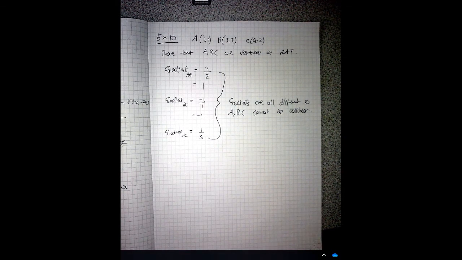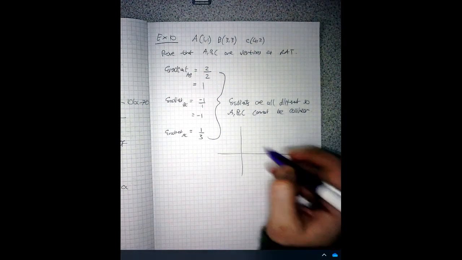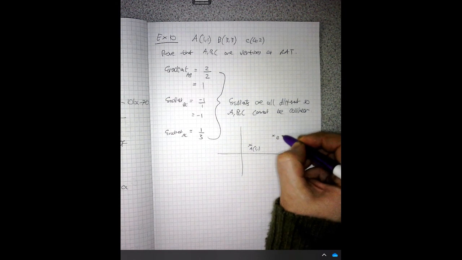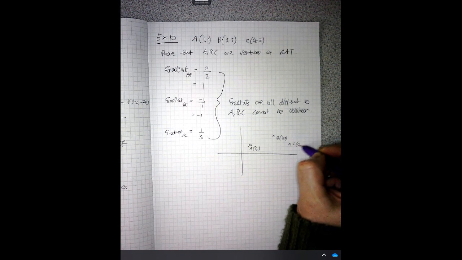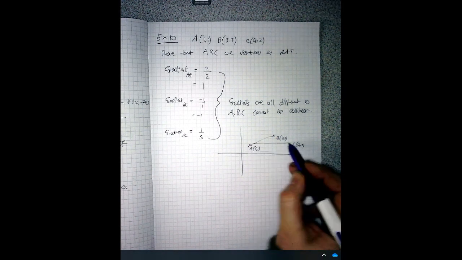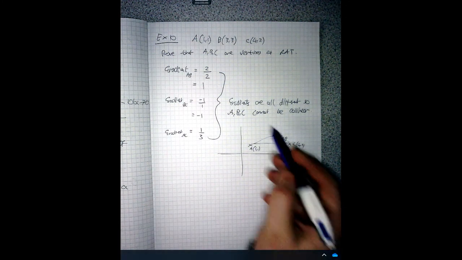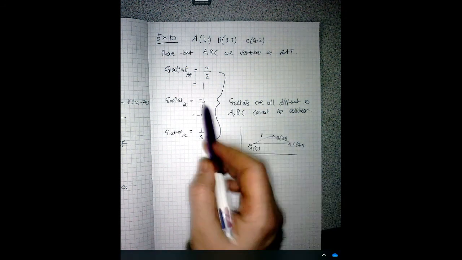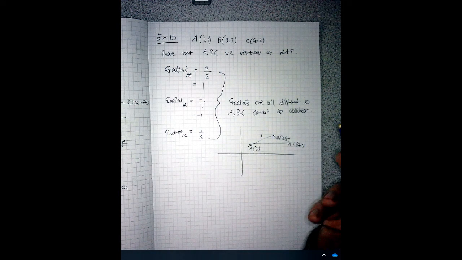Now, a quick sketch: A (1, 1), B (3, 3), and C (4, 2). That's not necessarily to scale. The gradient of AB is 1. Well, the gradient of BC is minus 1 over 1.